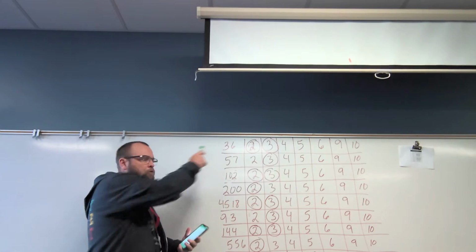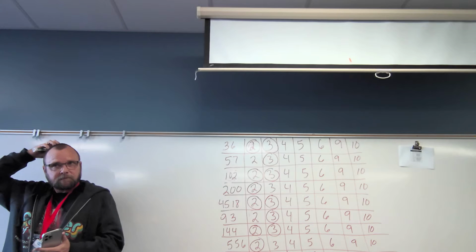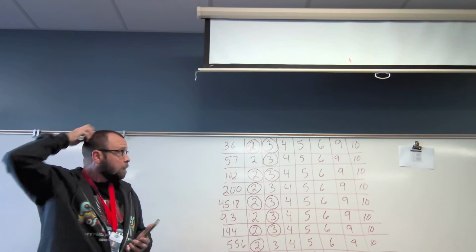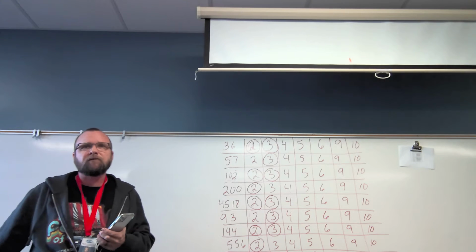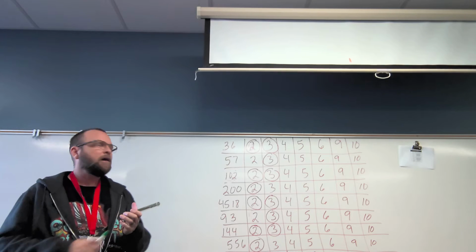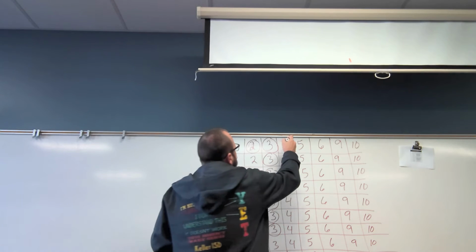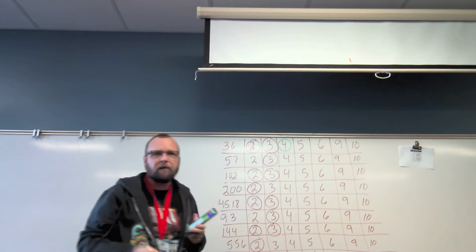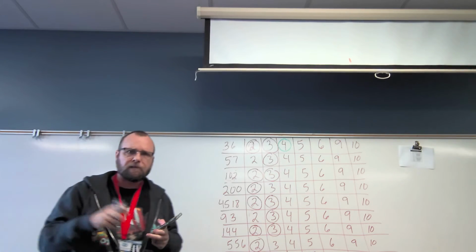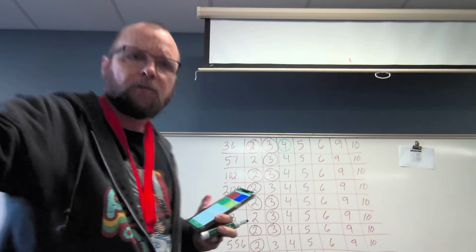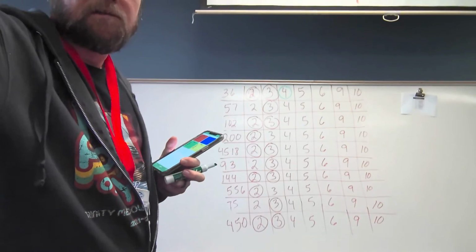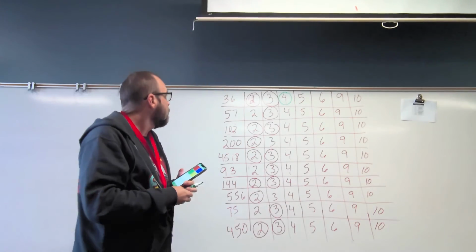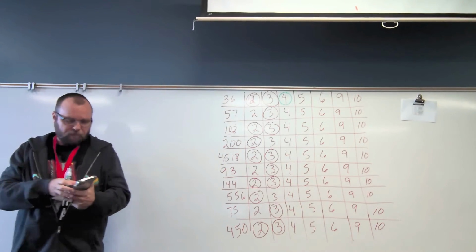Leo, what are the last two digits in the first one? 36. Does 4 divide into 36 evenly? Yes. So 36 is divisible by 4, which also means 4 times something equals 36. Let's put that there.